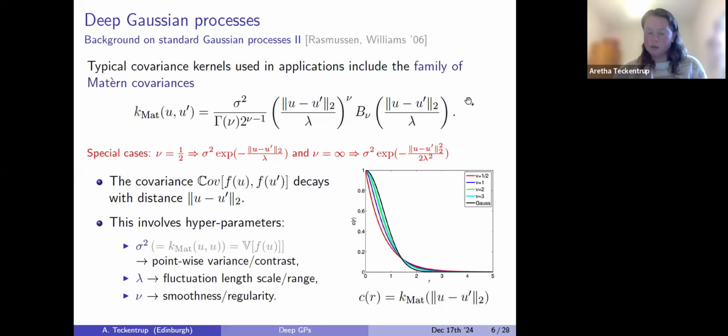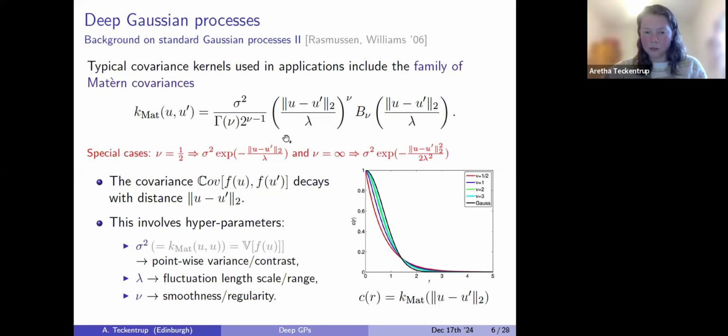So it is a parametric family. It does include some examples as specific cases. So in general, this general expression looks quite complicated. It involves the gamma function here. And this is the modified Bessel function of the second kind. That's the nu here. But in some special cases, it does simplify, and it is really used quite a lot.